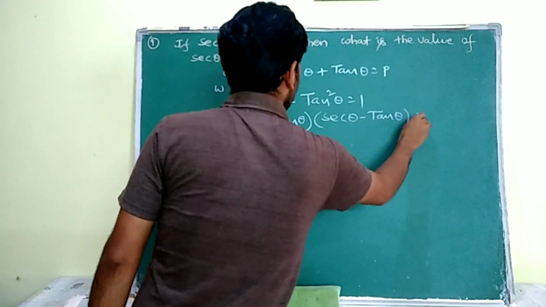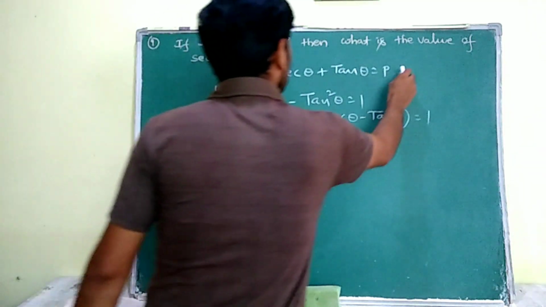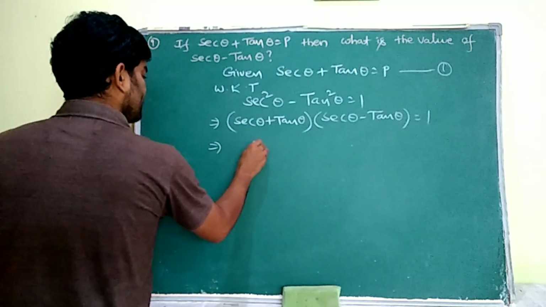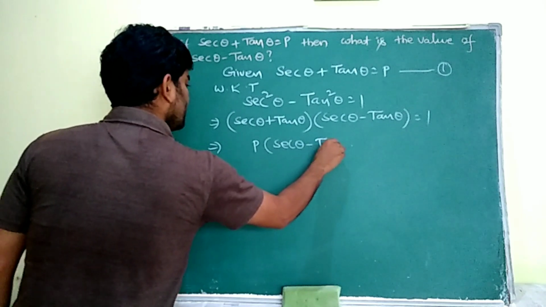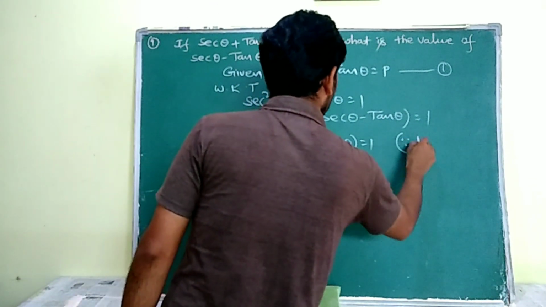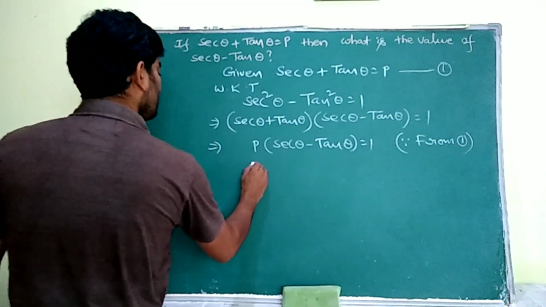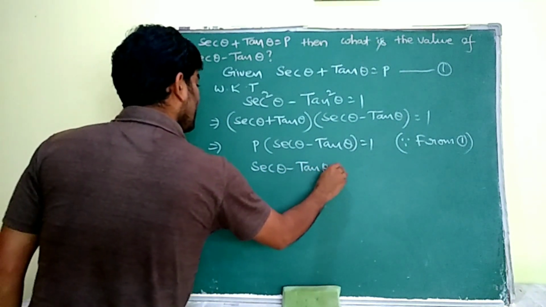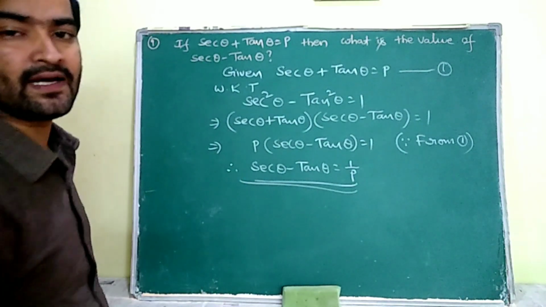Yes, I can write. Now, here I am going to use the given secant theta plus tan theta is equal to P. So that is P into secant theta minus tan theta is equal to 1. So secant theta minus tan theta is equal to 1 by P. This is our required answer.